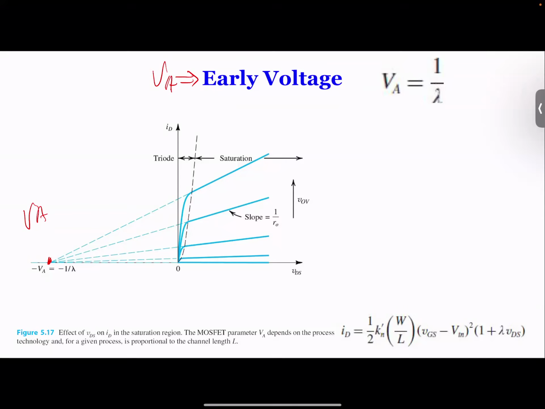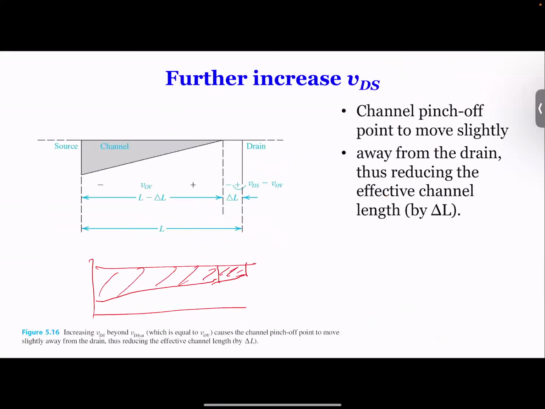If we take the reciprocal of VA, we get lambda. And that lambda is related to how much the channel is pinched off.